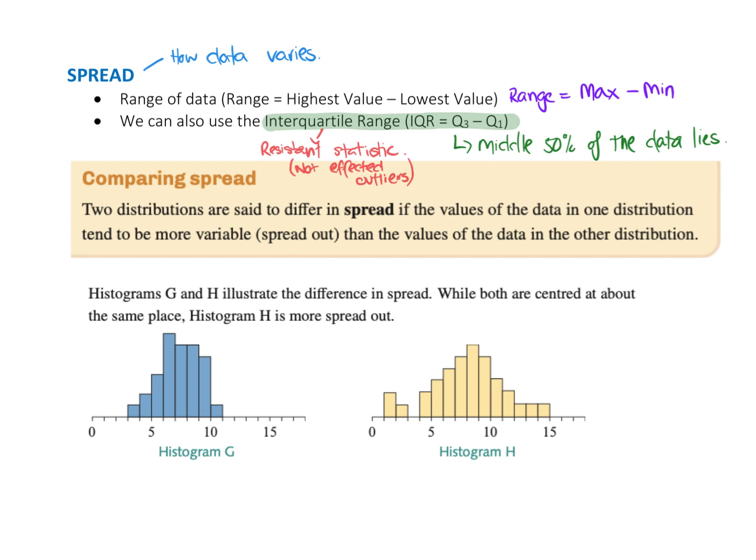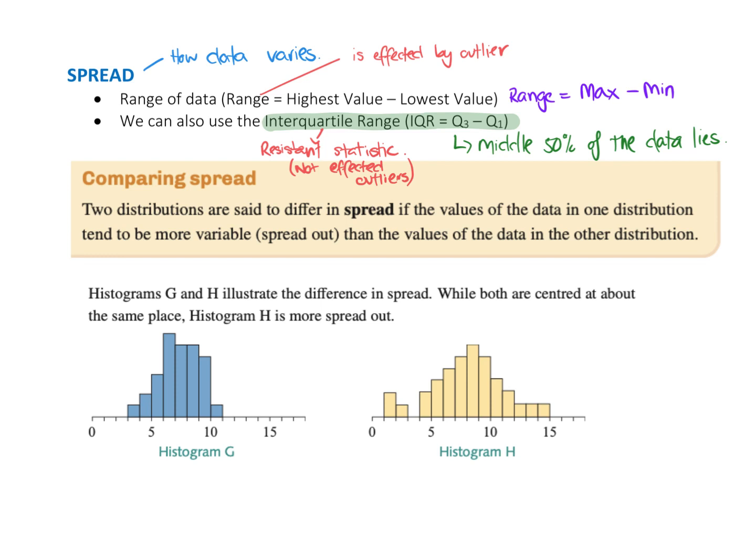But for the range, you might write that the range is affected by outliers, because that outlier is going to be either the minimum or a maximum value. So the interquartile range is generally a lot more interesting for us, and probably going to tell us more about what the trend is and what's going on.